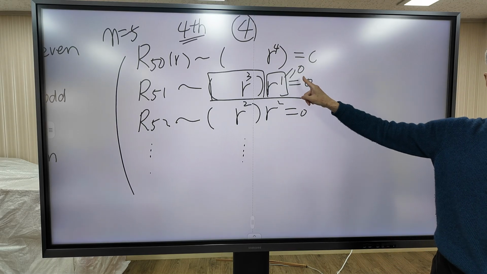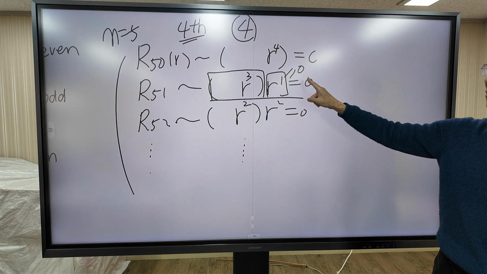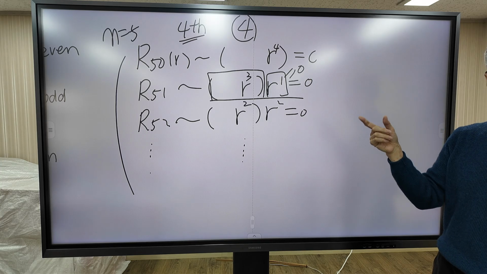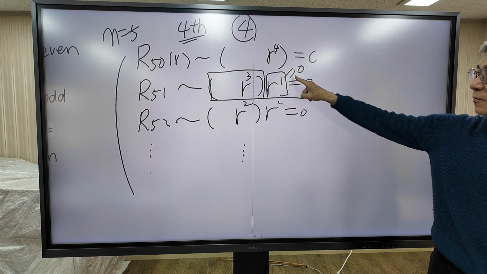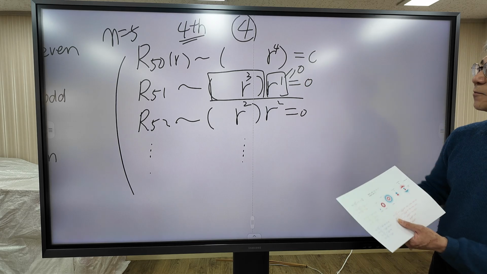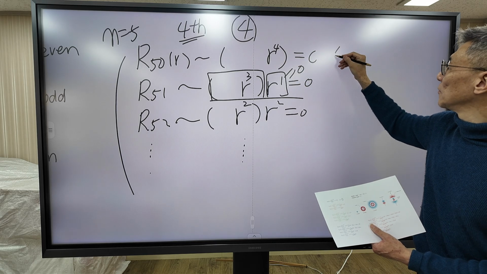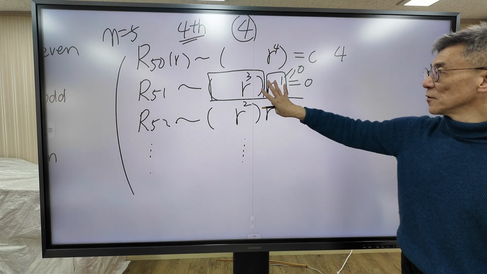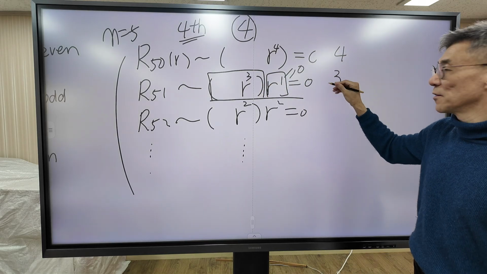This one is not a nodal point, because a nodal point must satisfy the requirement that the function value must change. But at this point, the function cannot change. So this point is not a nodal point. So in this case, the number of nodes is 4. But in this case, even though it is fourth power, the number of nodes is 3.